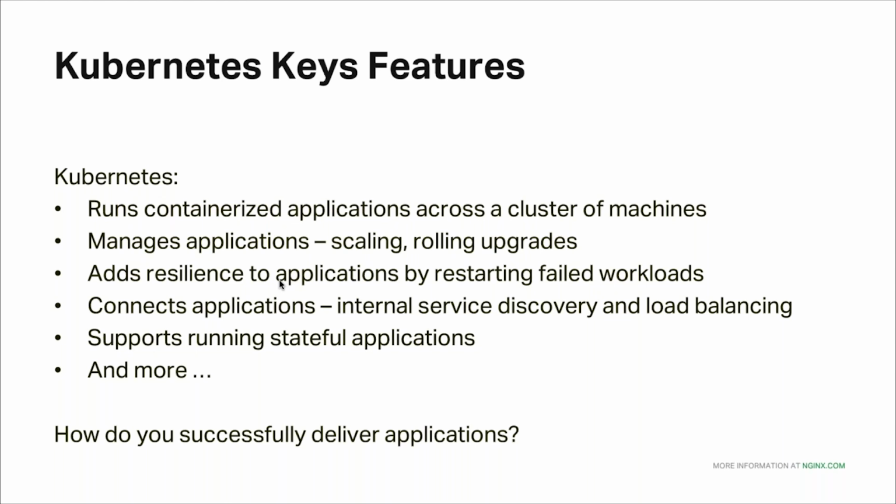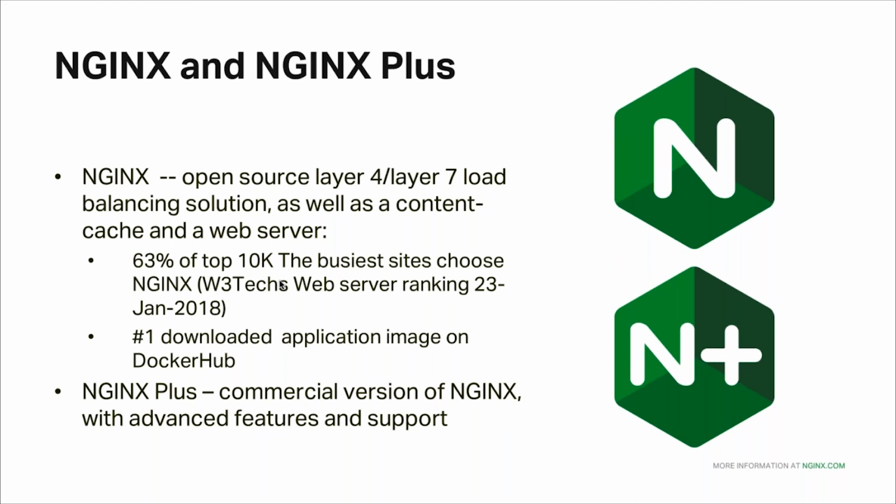So once you have a web application up and running in a Kubernetes cluster, how do you deliver that application to your users? Many of you know NGINX. NGINX is an open source solution for load balancing, reverse proxying, content caching, and web serving.